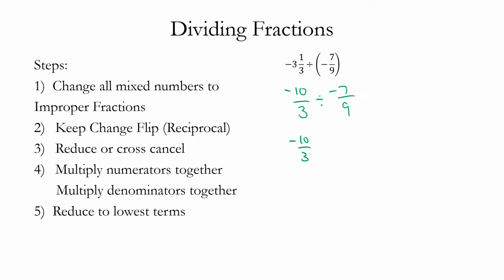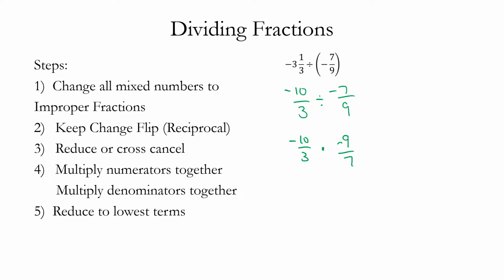I'm going to change that operation to multiplication, and I'm going to flip, meaning take the reciprocal of this, so it is negative 9/7. And again, it doesn't matter which number that negative is on, as long as there is one negative in the fraction, that makes the fraction negative.